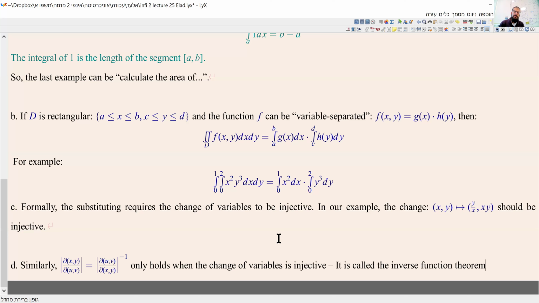Yet again, I'm not expecting you to explain in a test, in the final exam, not to me and not to someone else, why the substitution is injective. Just substitute and solve. And that's it. But formally, I think it's important to acknowledge the fact that it is not so trivial.